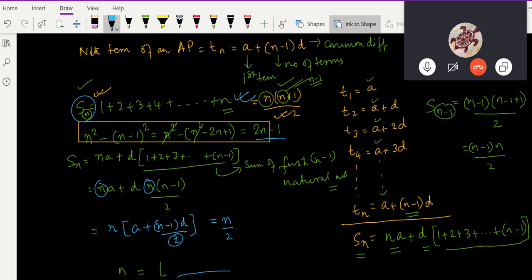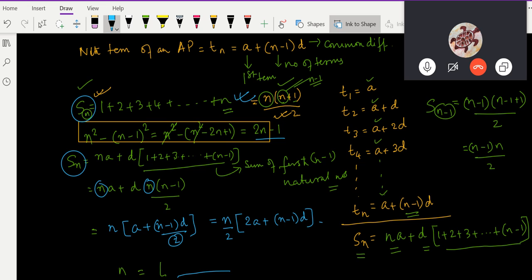So n by 2 into 2a plus n minus 1 into d. This is the sum of n terms of any arithmetic progression.